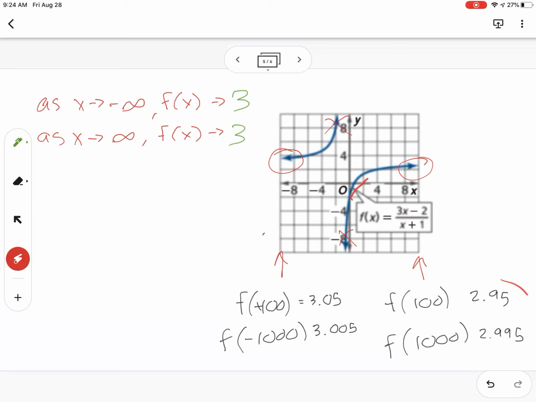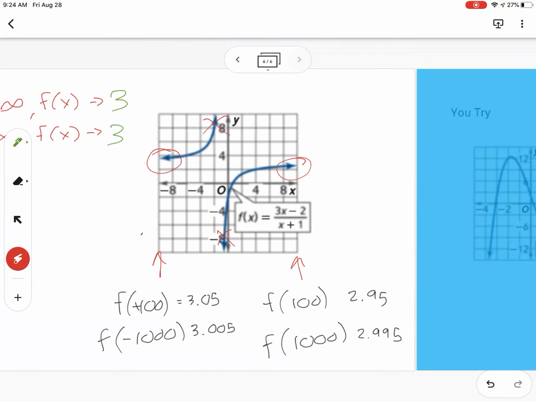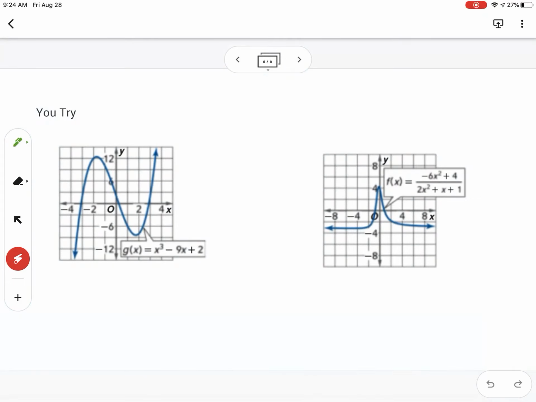This is going up to 3. But both cases are 3. There we go. Alright, so your turn to try. Go ahead and pause the video and give these a try yourself, and then unpause it to see if you got the right answers.